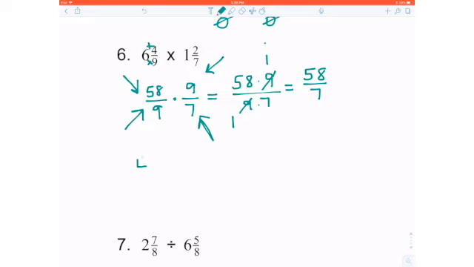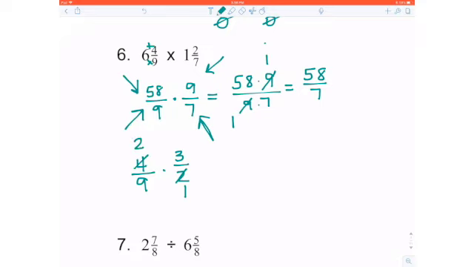So like let's say it's 4 over 9 times 3 over 2. Here there's nothing necessarily the same on the top and the bottom, but the 4 and the 2 can both be divided by 2. So 2 divided by 2 is 1, and 4 divided by 2 is 2.